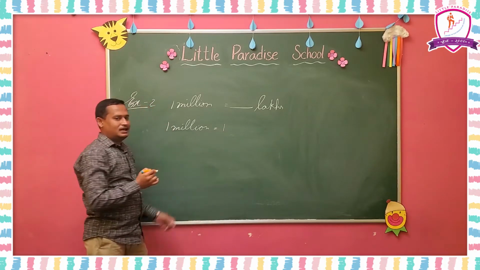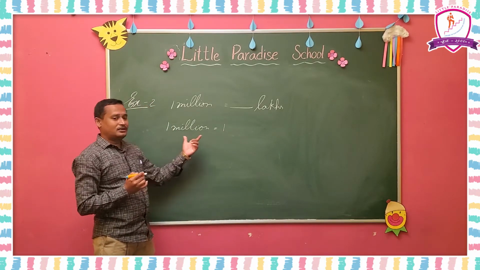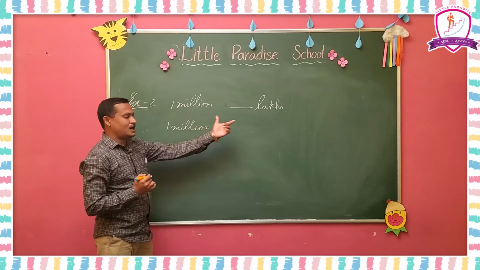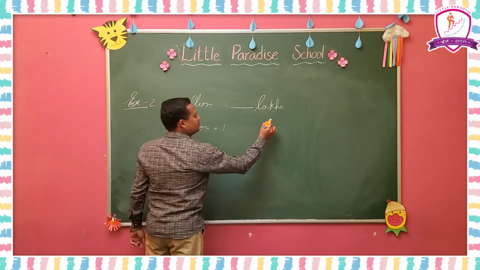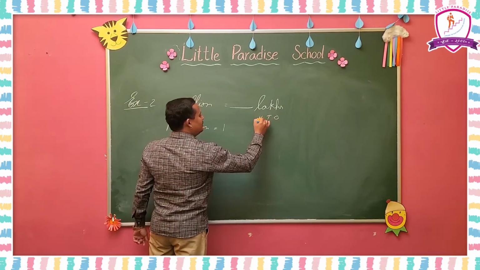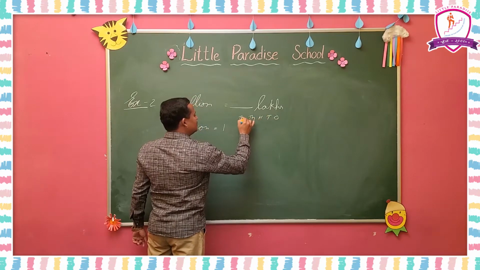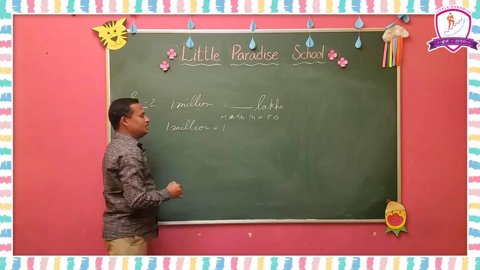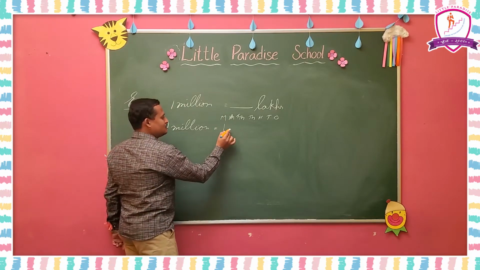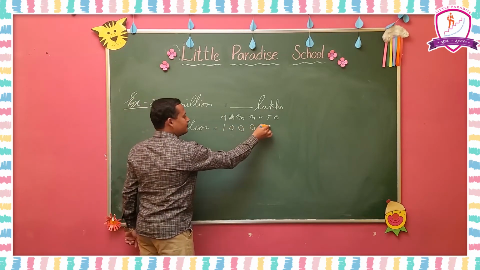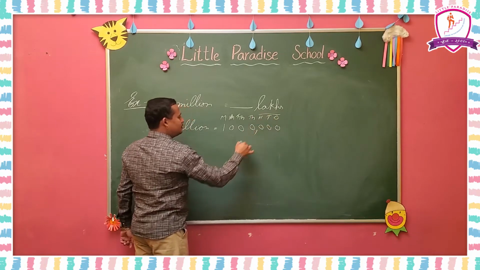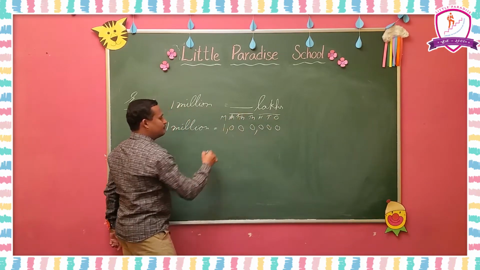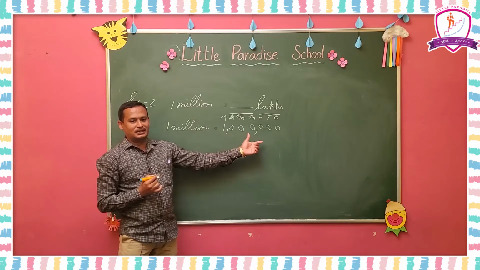When you are writing these numbers, first you have to mention the places here. First ones, tens, hundreds, thousands, 10,000s, 100,000s, million. So here 1 is in the millions place, remaining places you have to fill with zeros. So ones period, comma, thousands period, comma. 1 million is like this, you have to write 1 million.